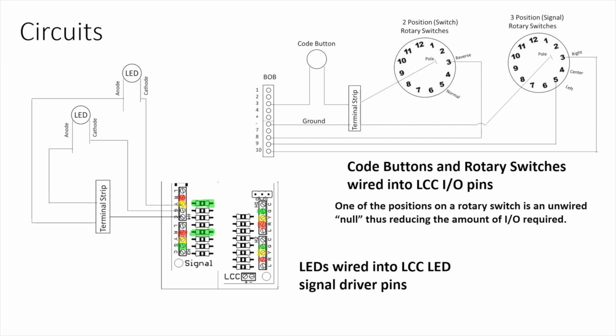So, for example, when either a signal switch or a switch lever is in its normal position, if you will, that doesn't require a wire. The LCC system and JMRI basically assume that if it doesn't see a signal, it's in its default position. So that didn't need to be wired in.